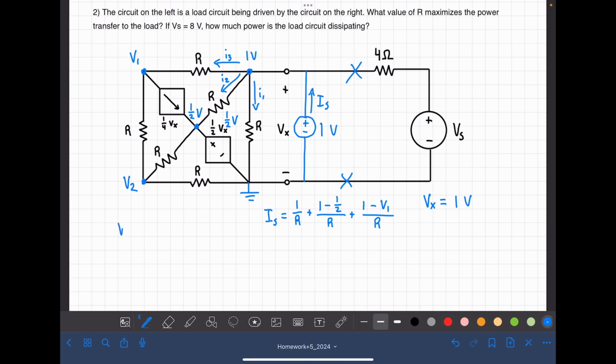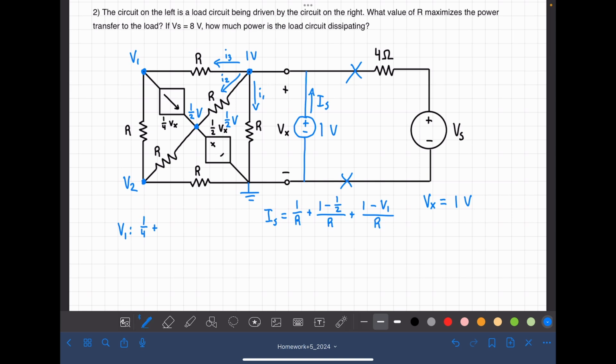We're going to have to use node voltage analysis. So we have 3 currents going out from here. This middle one, 1/4 Vx. We know Vx is just 1, so that would be 1/4 of an amp, so 1/4.